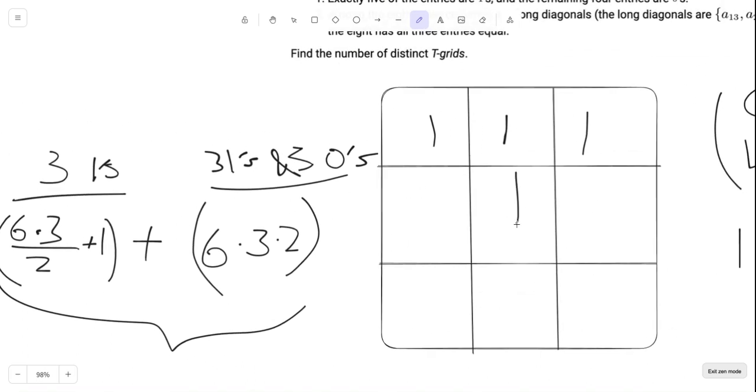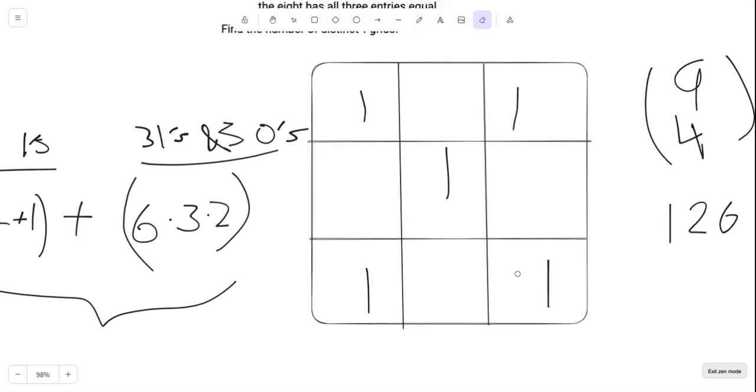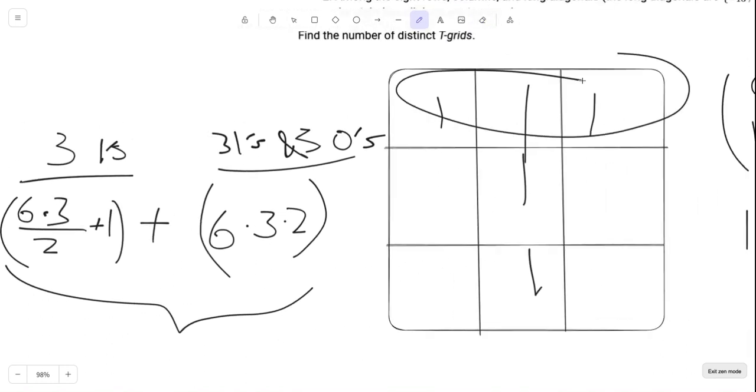Let me look back over here. There's one way to put them in a diagonal like this, assuming we have 2 cases of 3 ones in a row. And then we can have something like this too. We have 6 ways to choose this, and then 3 ways to put these.